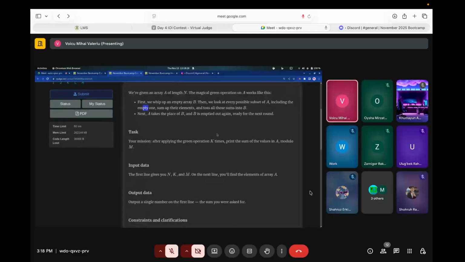And we continue applying this same operation, where we keep taking the set of all the subset sums repeatedly, basically. And we have to print the sum that we have by the end.